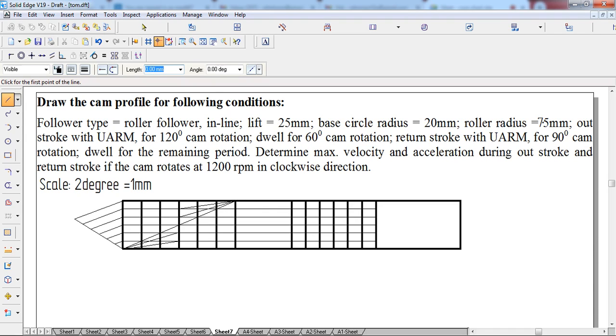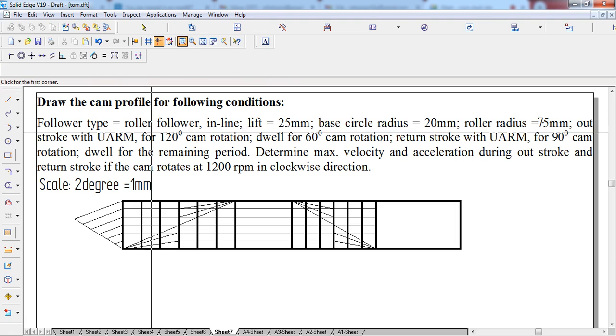Okay, then same way on the return part, join from the extreme end to this end, then later you can take this end intersection point, join over here, join over here, then same way this intersection point and then this intersection point. Then you start drawing the curve.